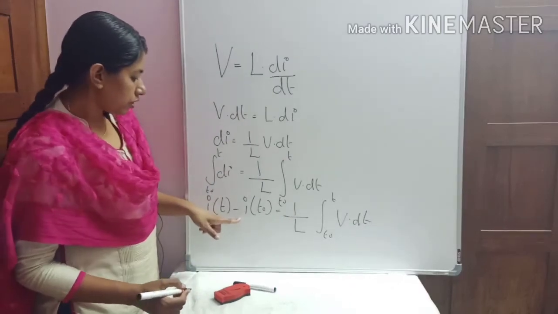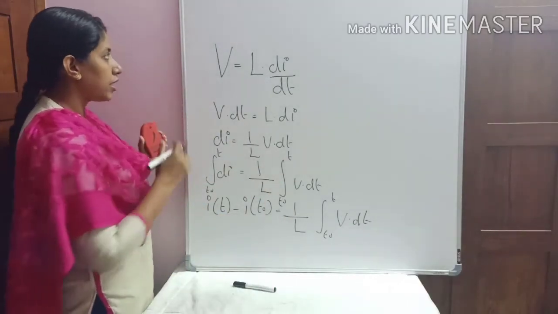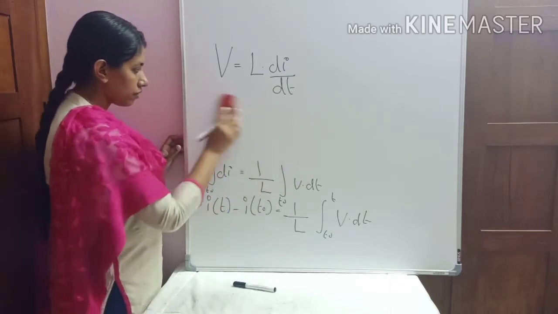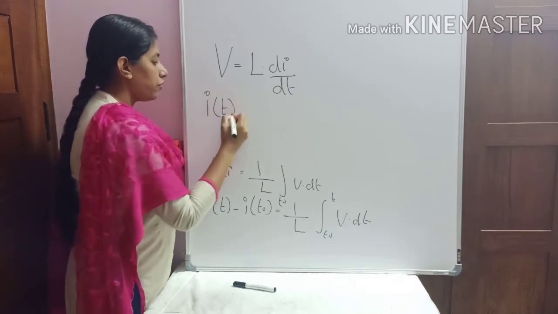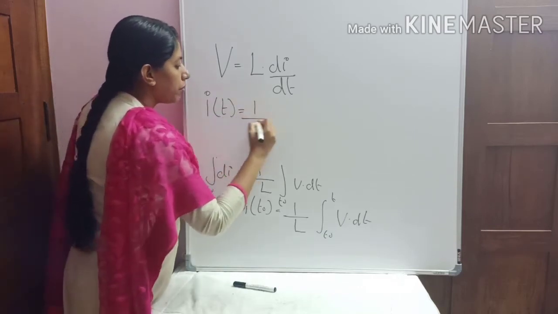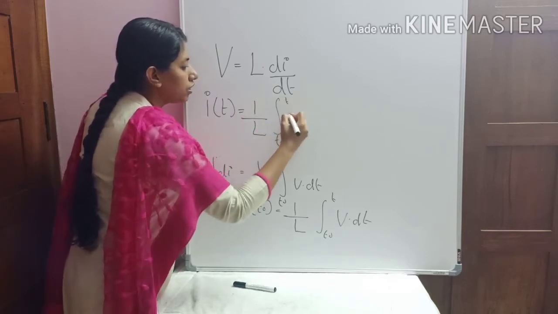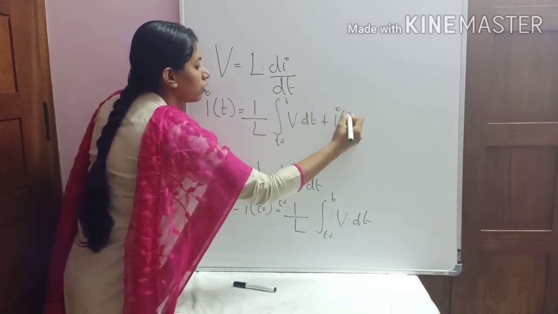If you shift this parameter to that side, then the current through the inductor can be given by I of t is equal to 1 by L into integral t0 to t V into dt plus I of t0.